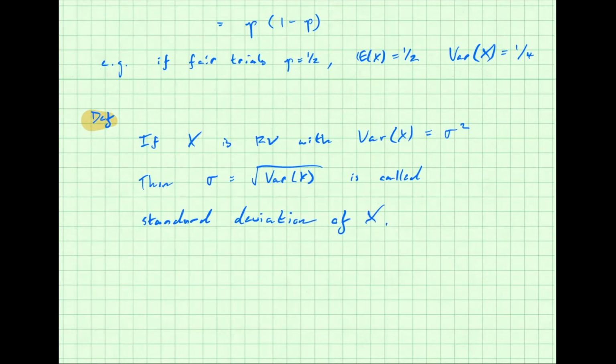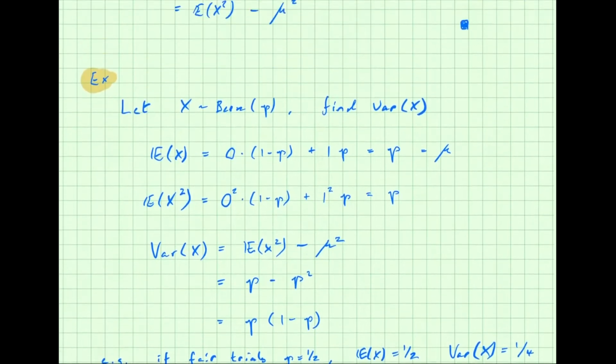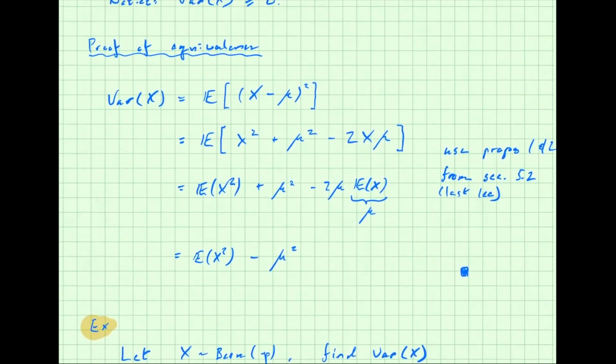And this is probably a better description of the size of that non-zero portion of the probability density function, because let's think about this. What are the units of x? Suppose that x had units of meters. Then what are the units of the variance of x?